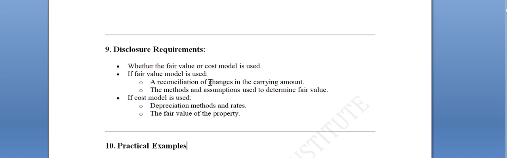So what are the disclosure requirements? Number 1, you must be able to tell us whether you use the fair value or the cost model in your subsequent measurement. That's the key thing that you must disclose: during your subsequent measurement, did you use the fair value or the cost model to evaluate.